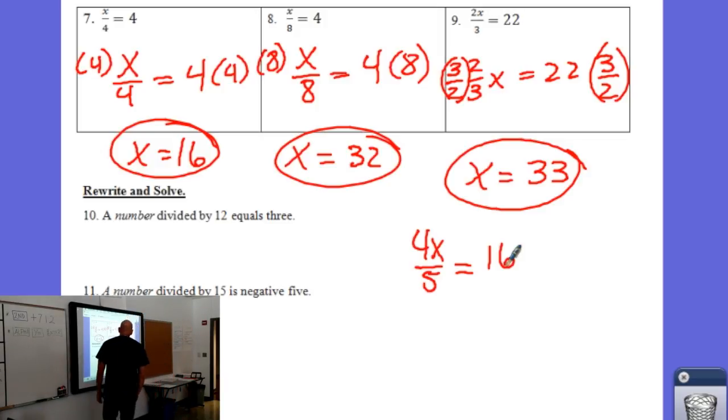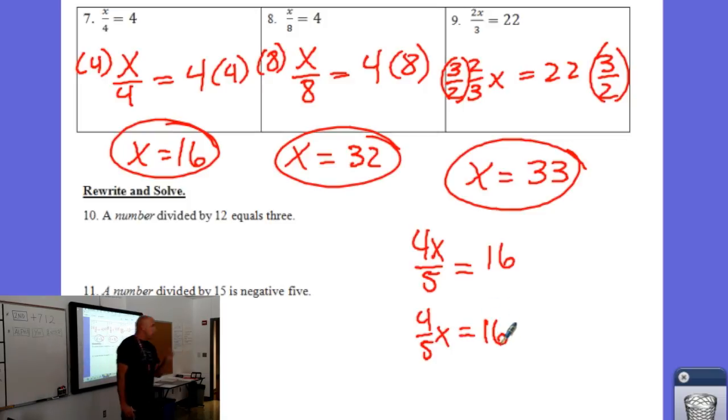So what was the first step? Pull the fraction away from the variable, right? So what's our fraction going to be? You're going to have 4 over 5 times x equals 16. And now, what do we do? Right, we flip it, or we multiply the reciprocal on both sides.